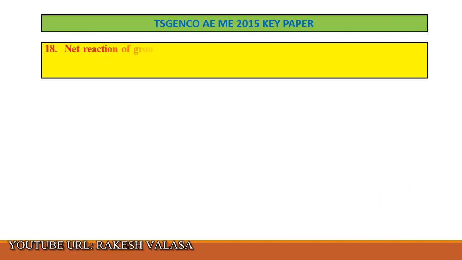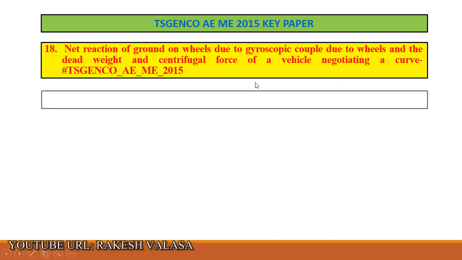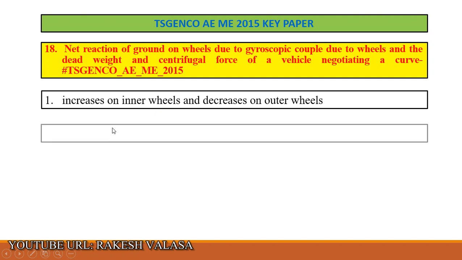Question number 18. Net reaction of ground on wheels due to gyroscopic couple due to wheels and the dead weight and centrifugal force of a vehicle negotiating a curve: Option 1, increases on inner wheels and decreases on outer wheels.